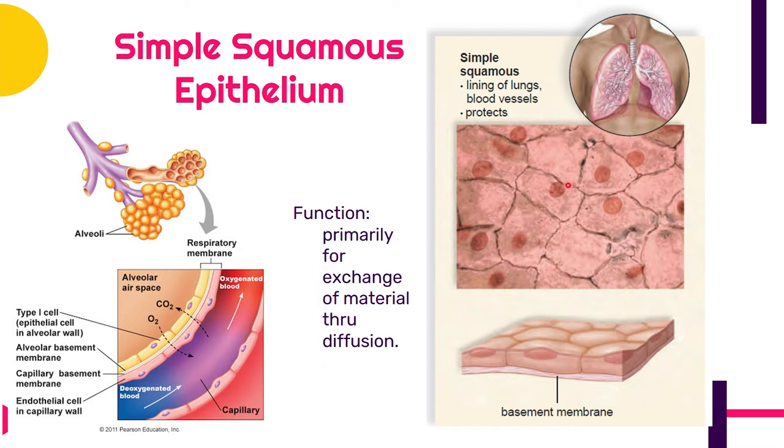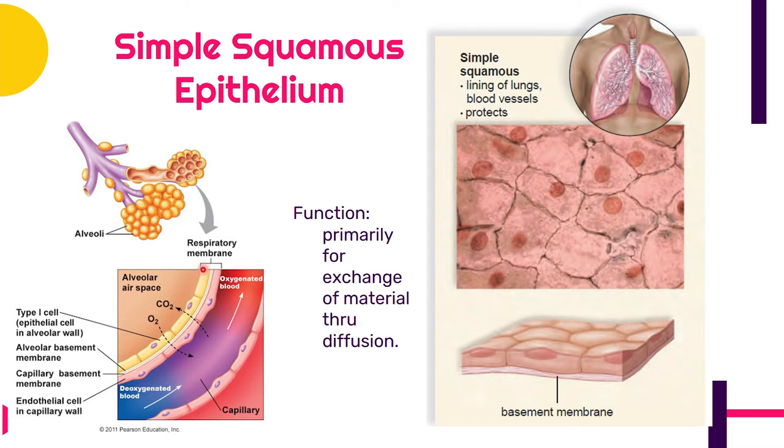It also serves as protection, but the primary function of simple squamous epithelium is for exchange of material through diffusion. Okay? So, for example, in our air sacs or alveoli, the walls of our alveoli or air sacs are made up of simple squamous epithelium.